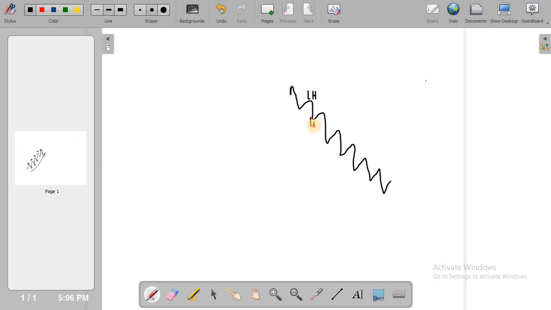Lower low. Lower high. Here is lower low. Double L means lower low. Here, lower high.